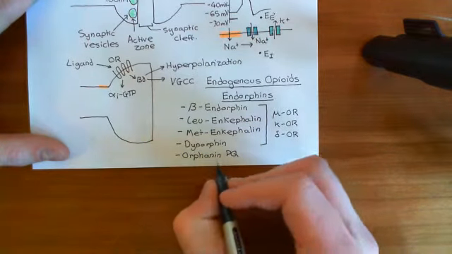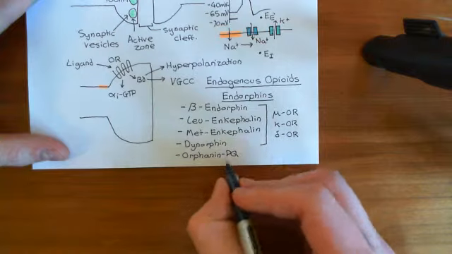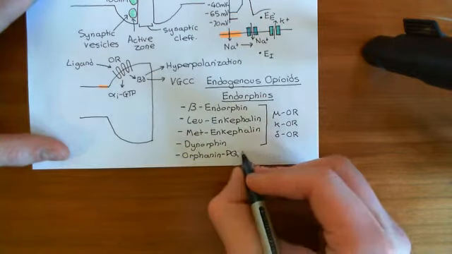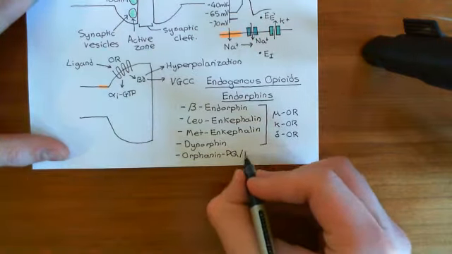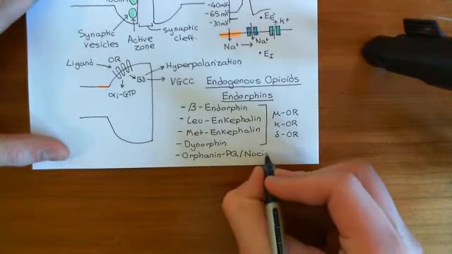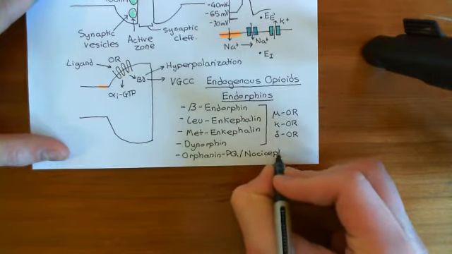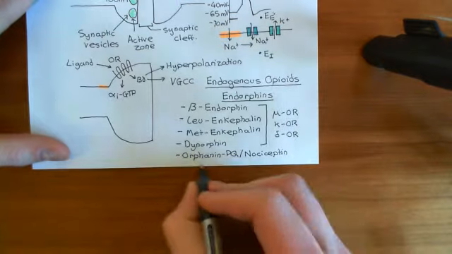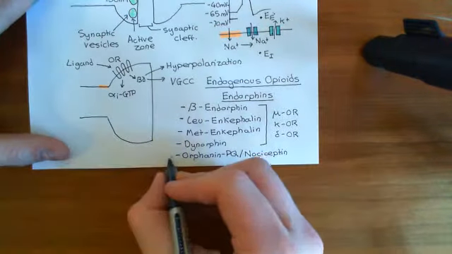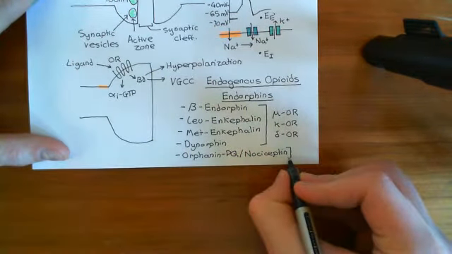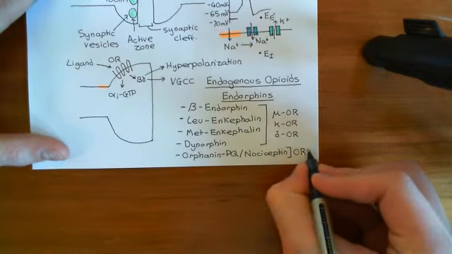And sometimes another name that people use for the opioid receptor-like one is to call it the orphanin PQ / nociceptin receptor, basically. Okay, so this is the endogenous ligand then for the opioid receptor-like one, the ORL1.